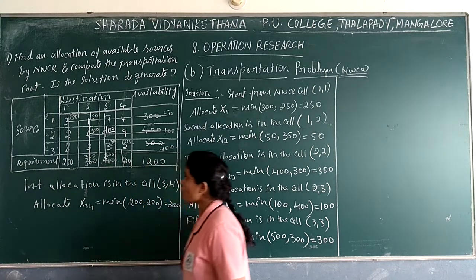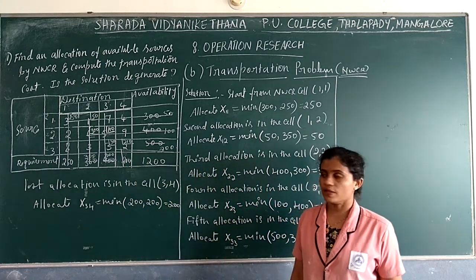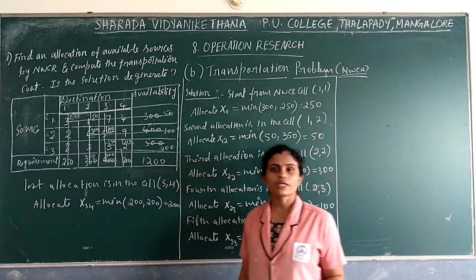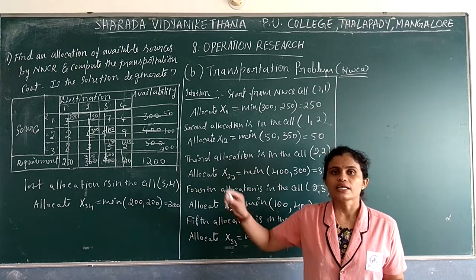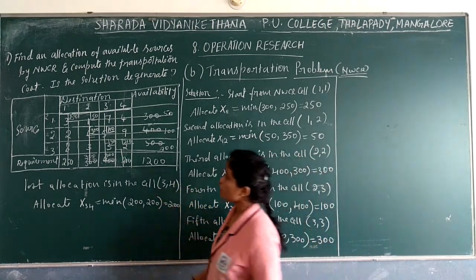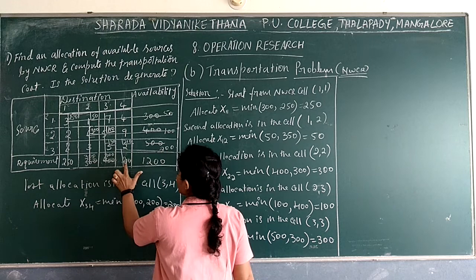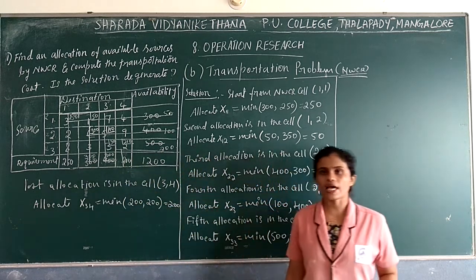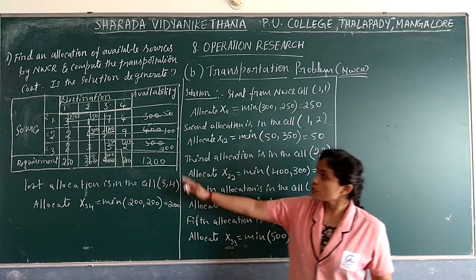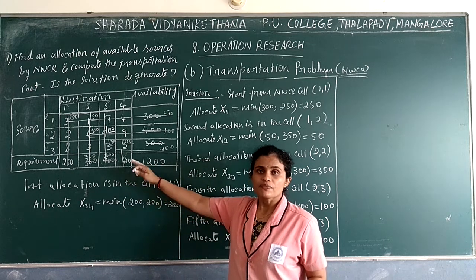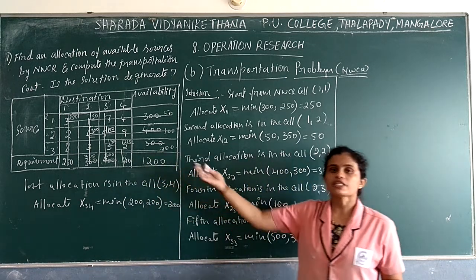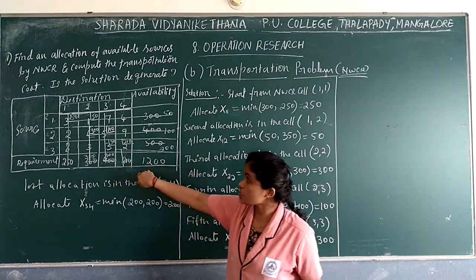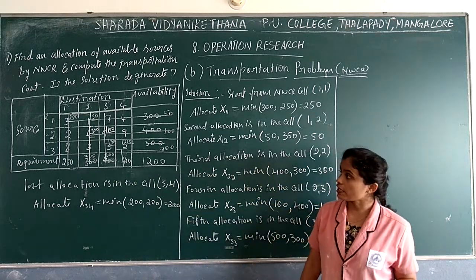So this kind of problem we call a balanced problem, when after solving it your availability is equal to requirement. For example, if here 200 and here 300, that is not a balanced transportation problem.